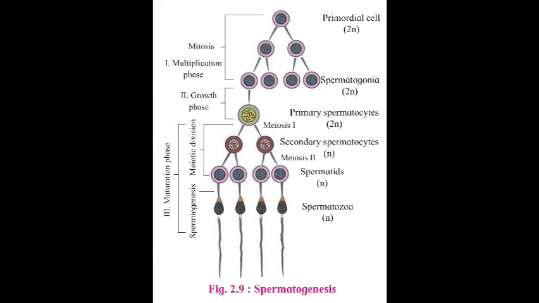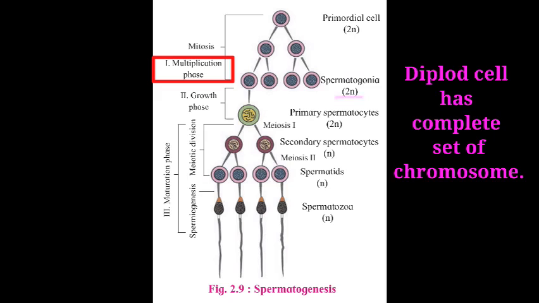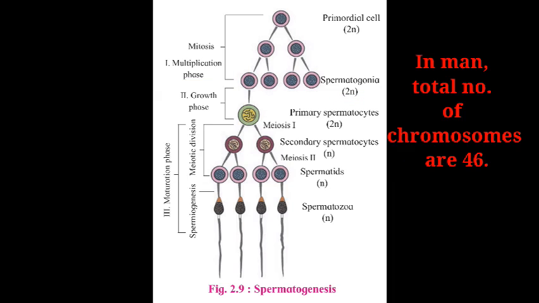In the first phase, that is the multiplication phase, primordial germ cells divide repeatedly by the process of mitosis to produce spermatogonia. Spermatogonia is a diploid cell. It means spermatogonium has a complete set of chromosomes. In case of man, the total number of chromosomes is 46.